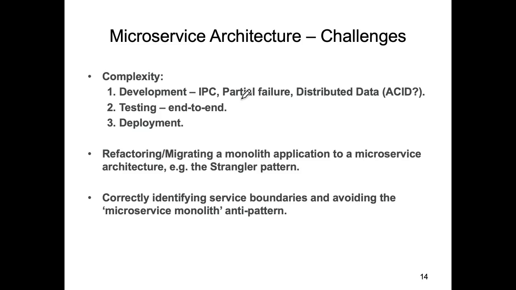That was not an issue in the case of the monolithic architecture, because all my services ran within a single operating system process, so all of the communication was synchronous. We didn't have this inter-process communication, partial failure complication.